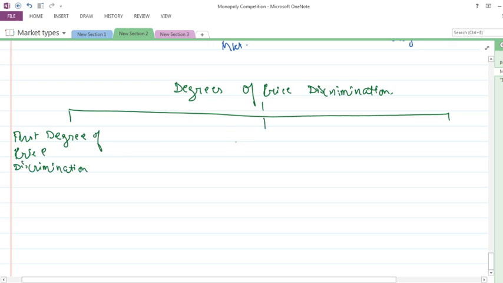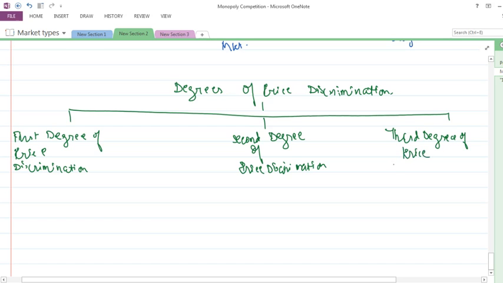Then we have second degree of price discrimination, and then we have third degree of price discrimination.